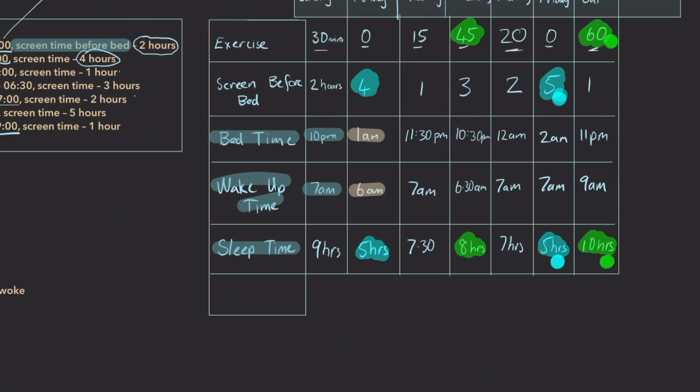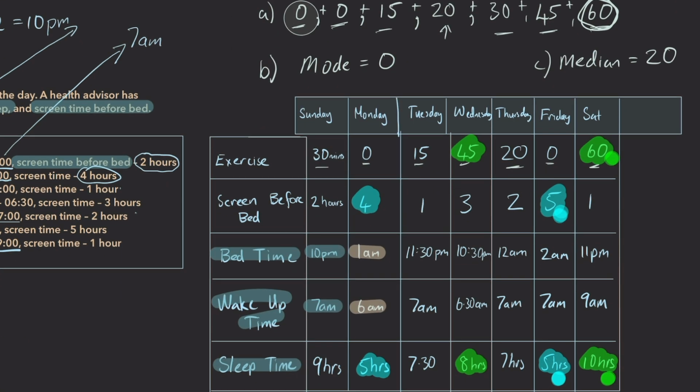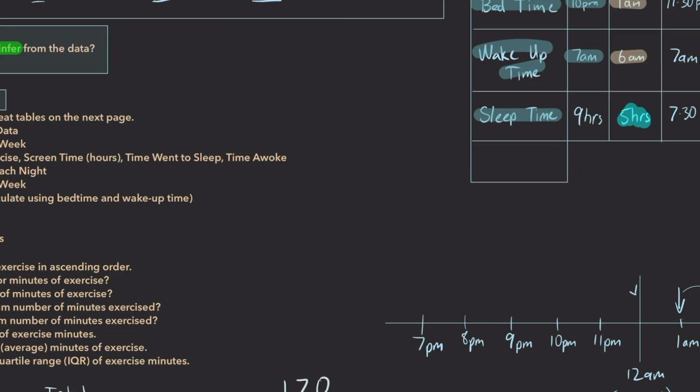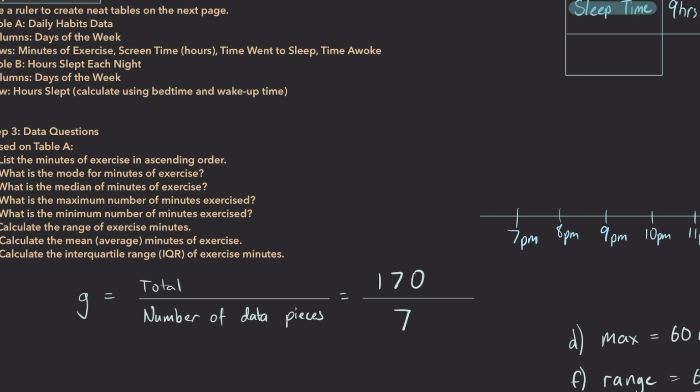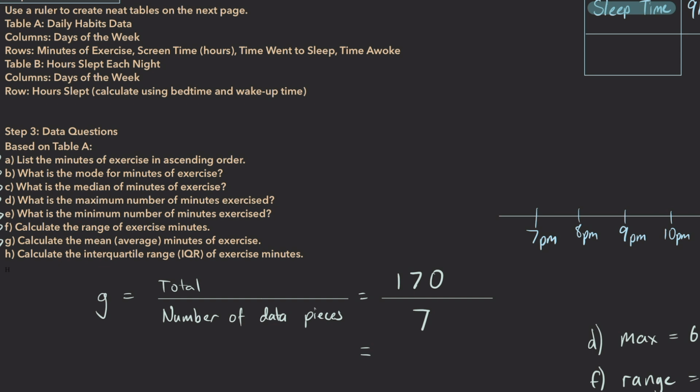So how many data pieces have we got? We've got 1, 2, 3, 4, 5, 6, 7. So 170 divided by 7. Okay, we're going to have to punch that into the calculator. Equals 24, and my calculator says 0.2857, blah, blah, blah, but I'm just going to say 24.3.